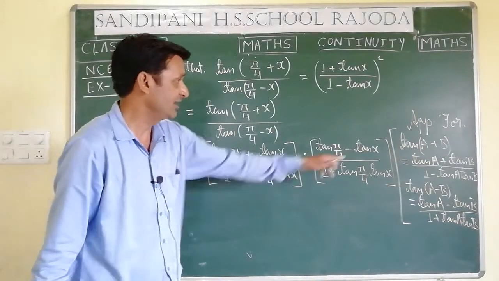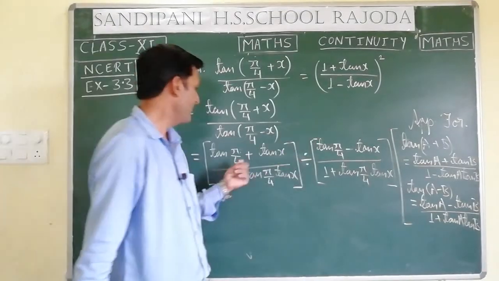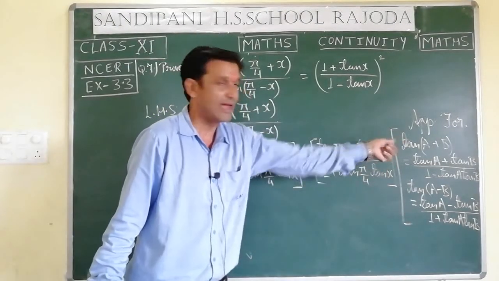This is in numerator and this is in denominator. In place of A, pi by 4 is there, and in place of B, x is there.